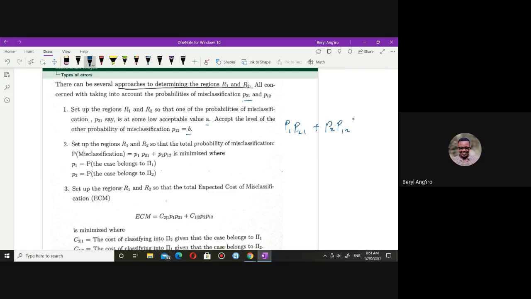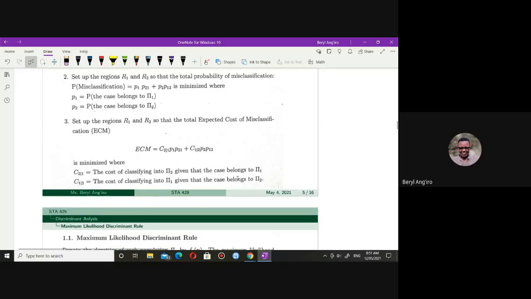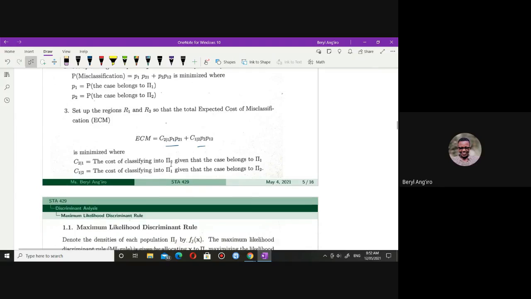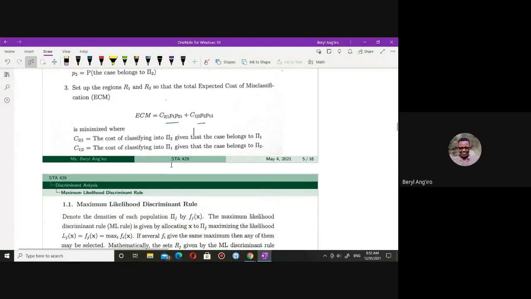So you want this total probability of misclassification to be minimized. A third is to set up regions R1 and R2 so that the total expected cost of misclassification is minimized. So this is the expected cost of misclassification, and we also want this to be minimized.